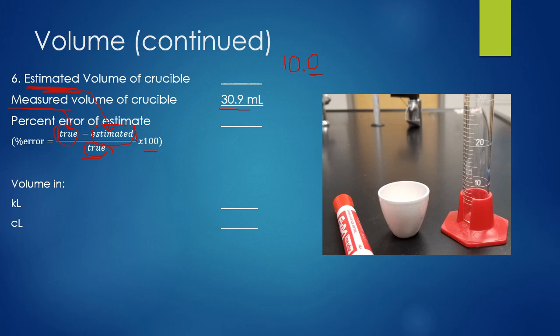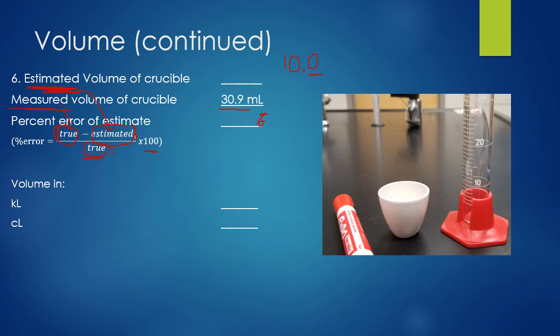You need to do the subtraction before you do the division. Otherwise, you're going to get different answers. So once you do the subtraction, then divide by 30.9. Don't forget to multiply by 100 to get it in a percent. Now, when you did the division, you canceled out your milliliters. So the units on it is just going to be a percent sign.